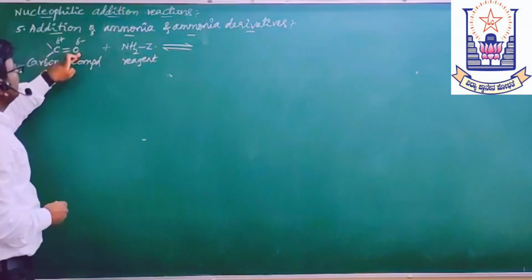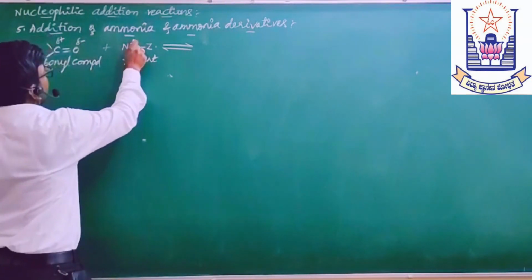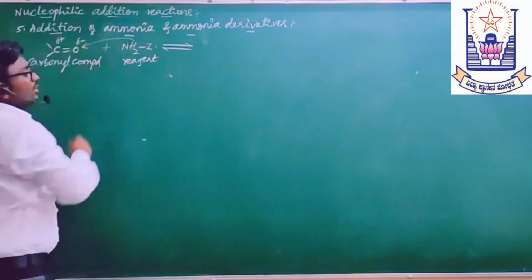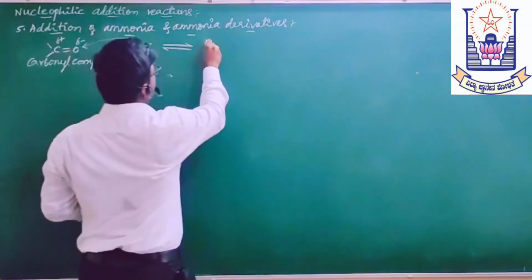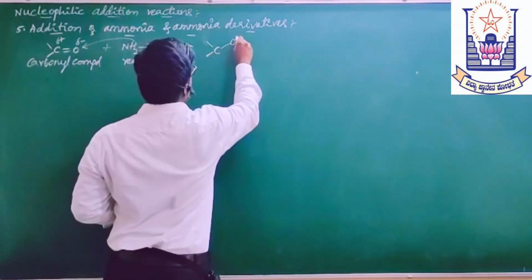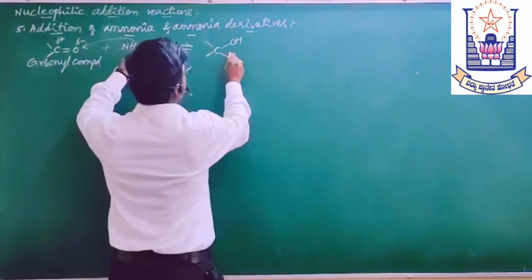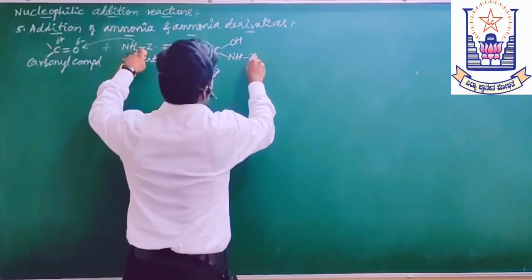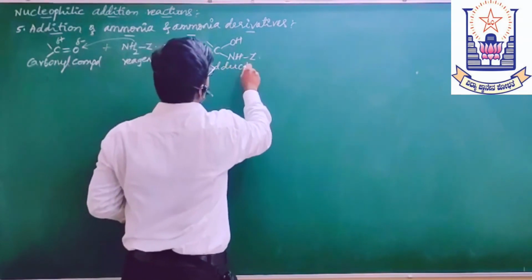The H plus ion will attack the oxygen. Now you will get COH, and the remaining part is NH single Z. NH, this is called an amine, and it is the intermediate.